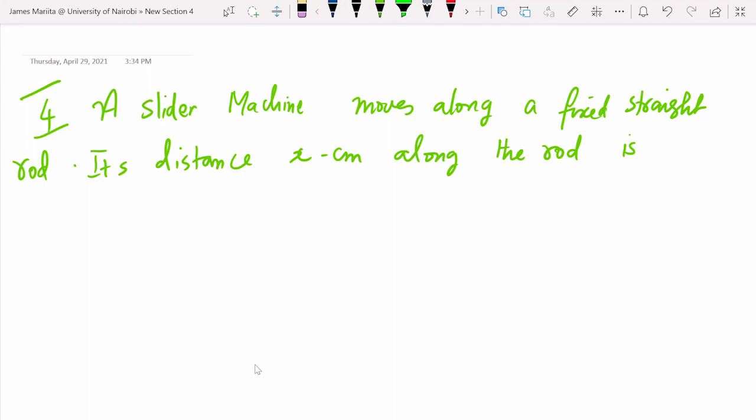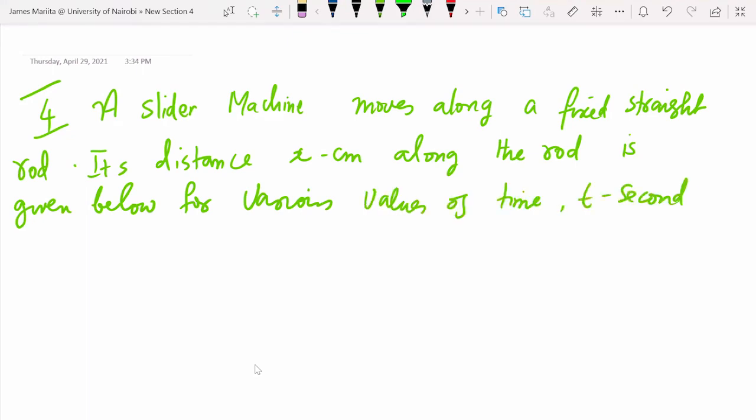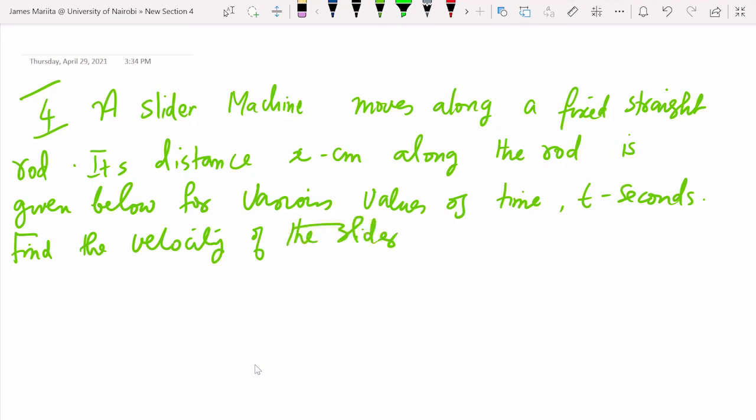Various over time, of the slider, when t equals 0.3 seconds.